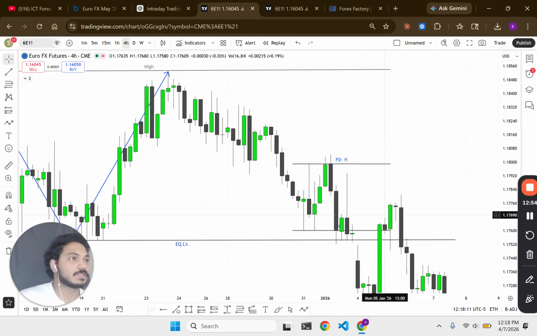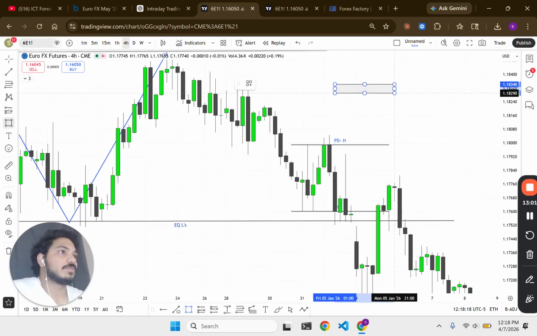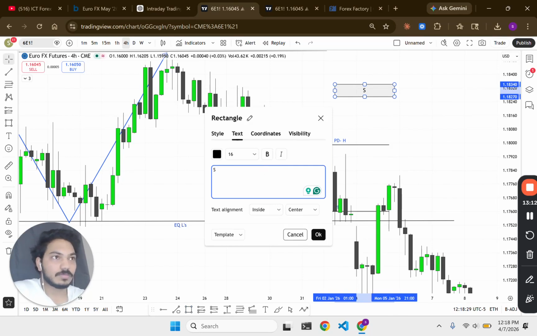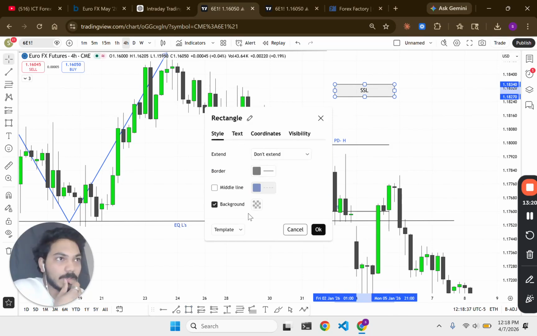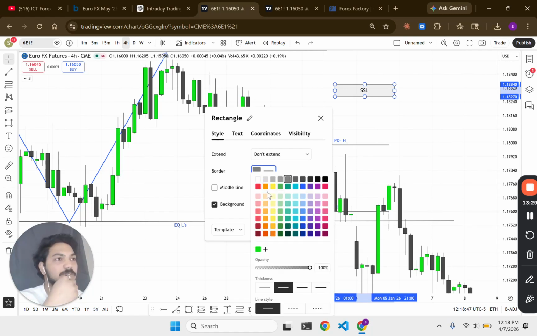So let me frame some boxes and mark it as SSL, which is sell side liquidity. We can use light, or you can mark it a little red.